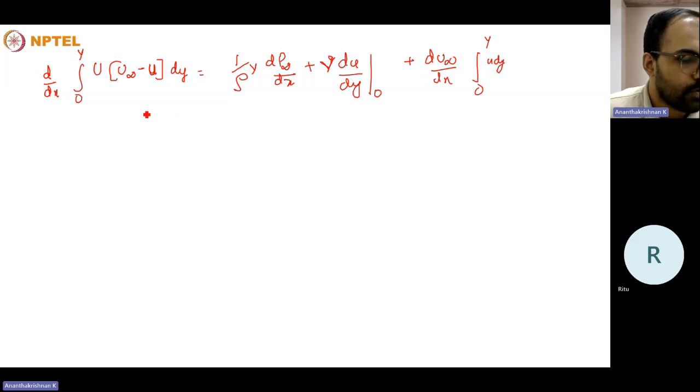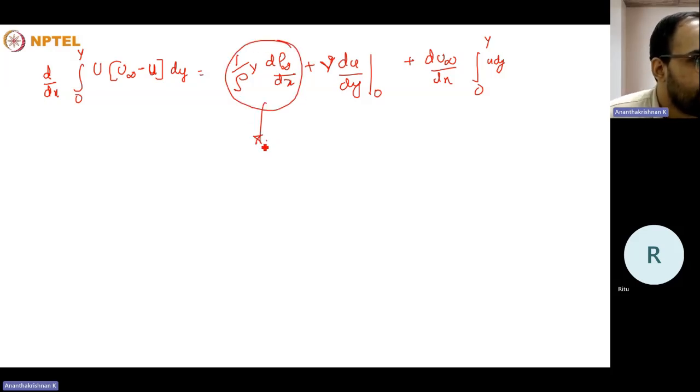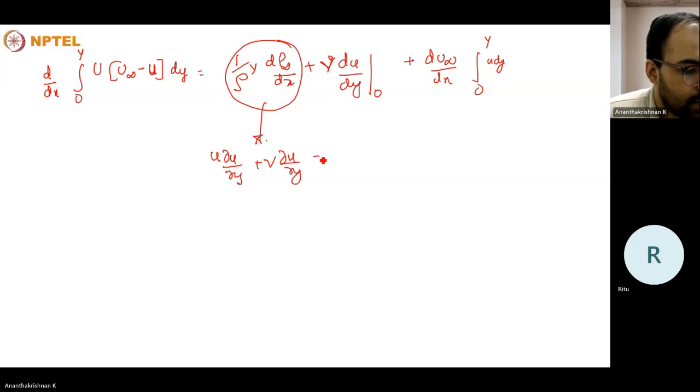So this is the general form of the integral equation, and we do not know the value of dp infinity by dx. So for the case of flow over a flat plate, from the momentum equation for the flow in the free stream, we can write this particular term.